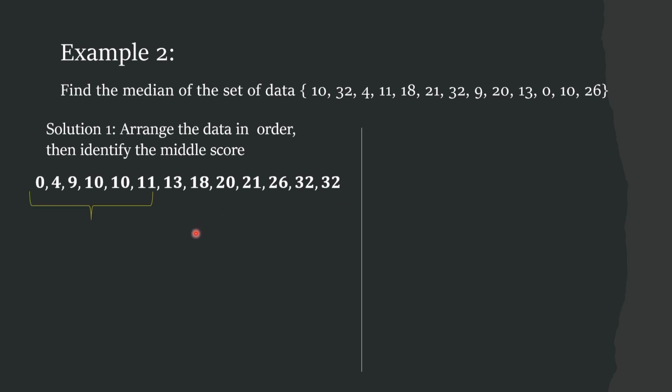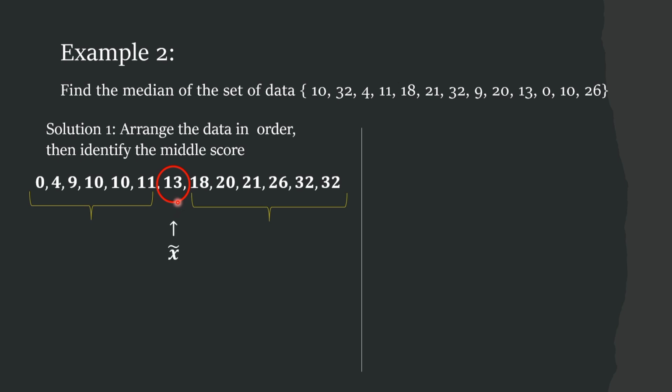It divides the lower half. The lower half, there are 1, 2, 3, 4, 5, 6. And the upper half, there are 6 scores also. So the middle score is 13. This is the median.